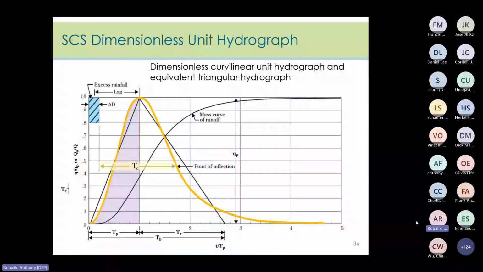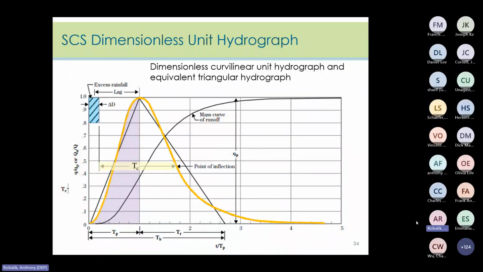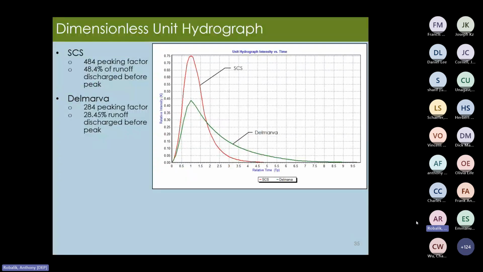The peak rate of runoff is the maximum height of the hydrograph. You can usually see the shape factor on the printouts provided in the stormwater reports, so that's something to check in the reviews.